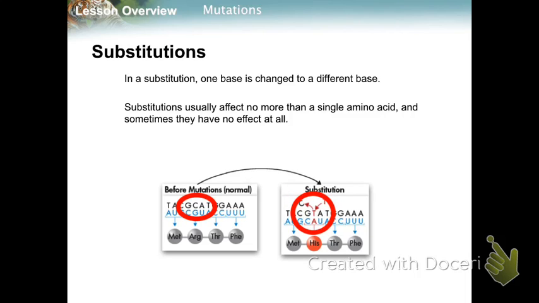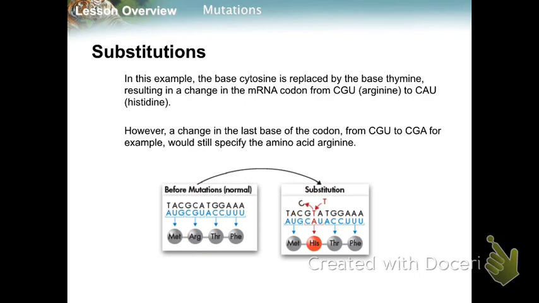And then through the processes of transcription and translation, the amino acid has changed from arginine to histidine, which is pictured here. A change in the last base of that codon, though, from CGU to CGA, would still specify that same amino acid, arginine. So sometimes substitutions don't have any effect.